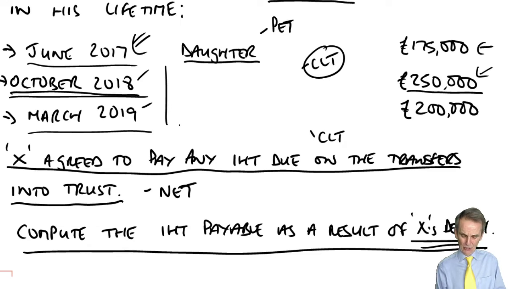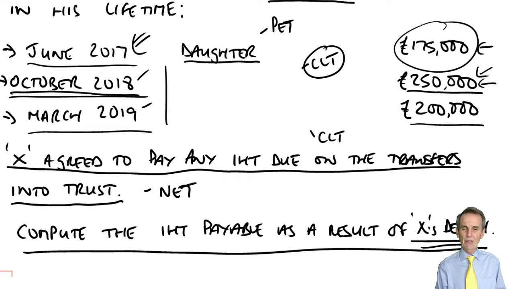And we know that the first of those is £250,000. And the second of them, £200,000. Now, with a nil rate band of 325 being applicable back then, and as we said earlier, it's been the case since the 09-10 tax year, then 250,000 is within the nil rate band.